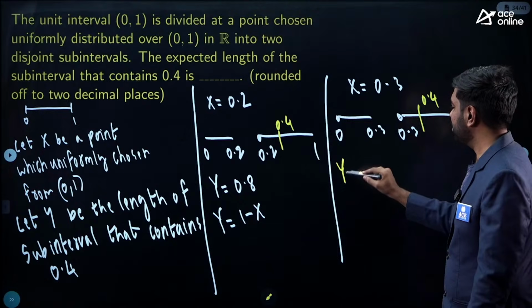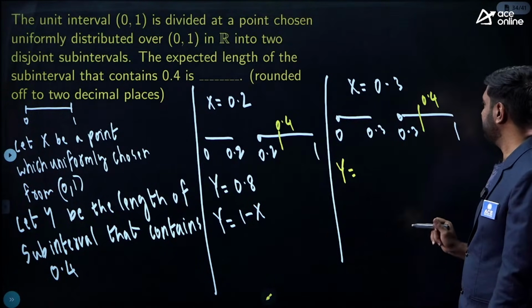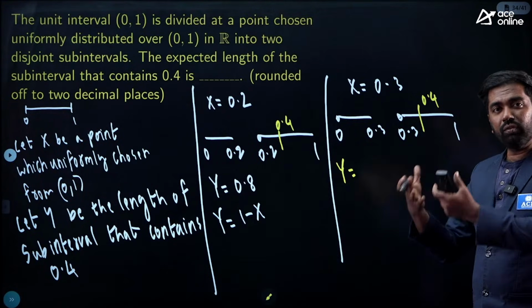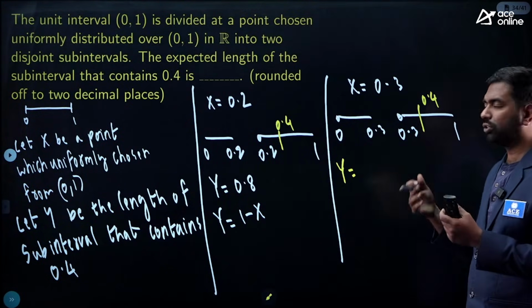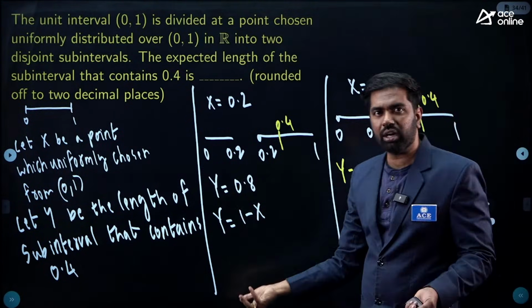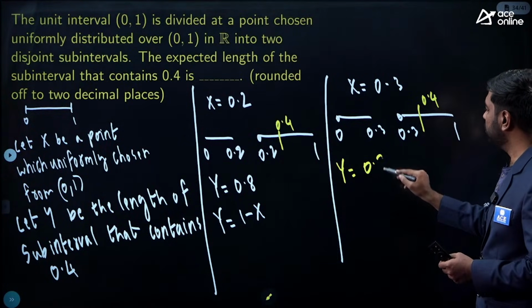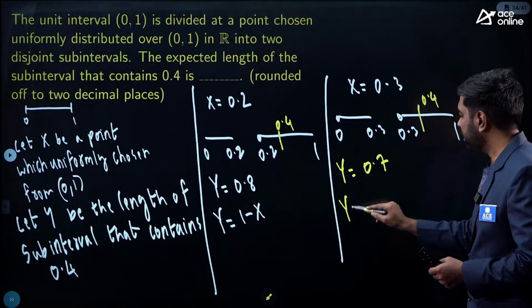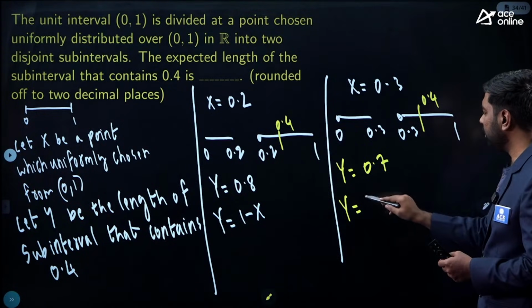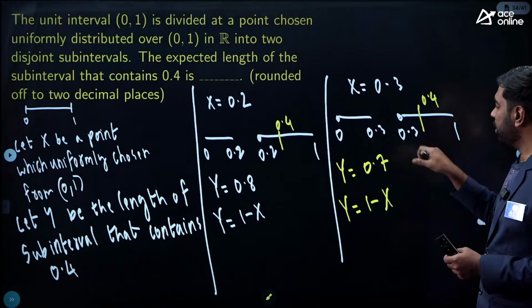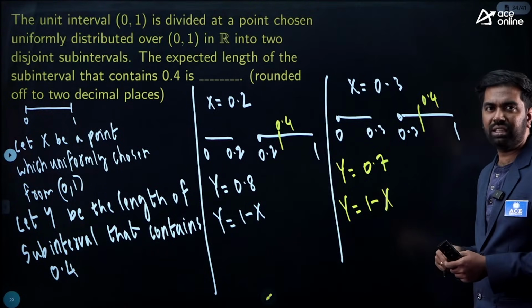Now again I am interested in knowing the length of this interval. The moment you change the x value, the length of the subinterval which contains 0.4 also changes. That means basically Y is also a random variable. So how much is this length right now? It is 0.7. Can I say that Y follows the relation 1 minus x? Because when you put 0.3 here, 1 minus 0.3 is 0.7.